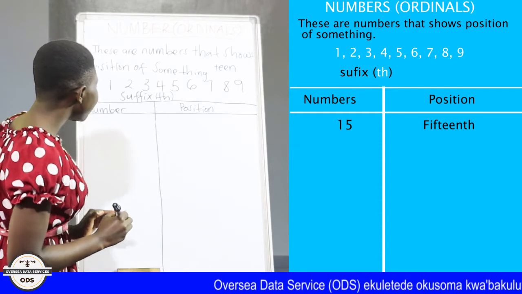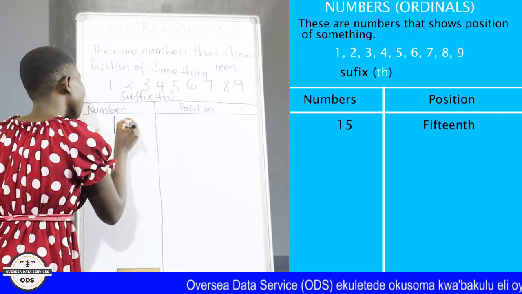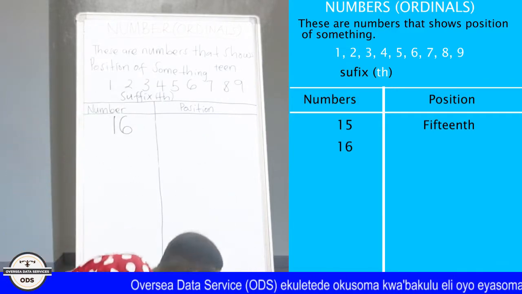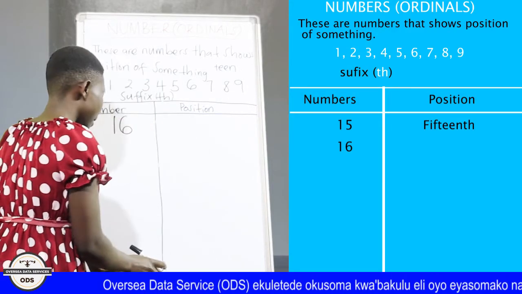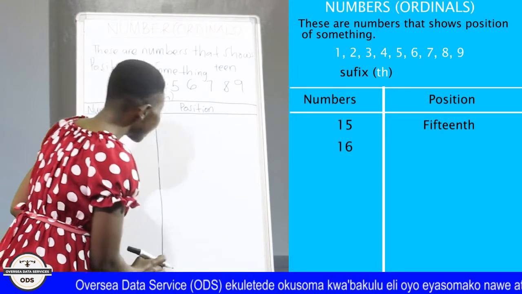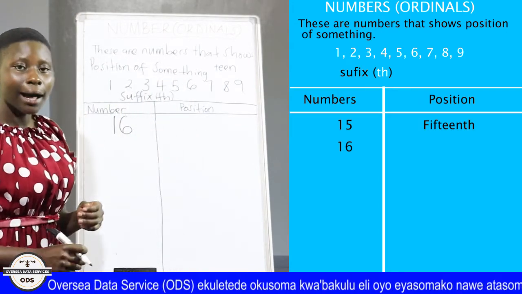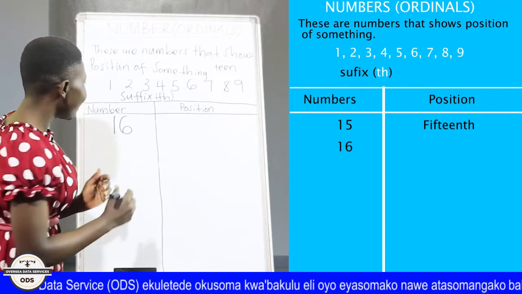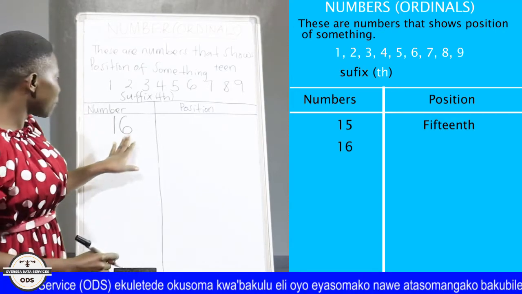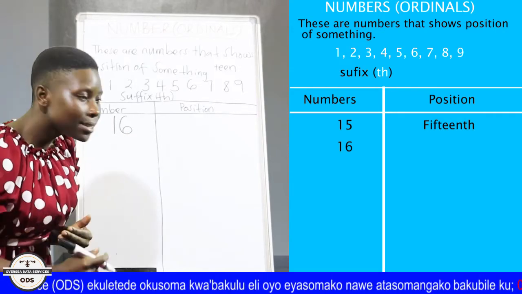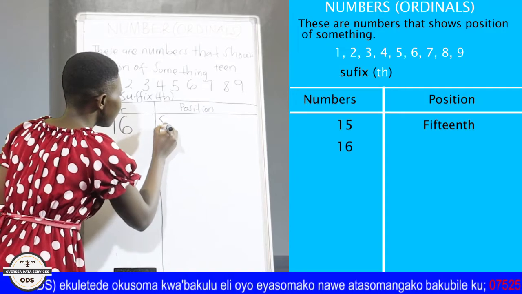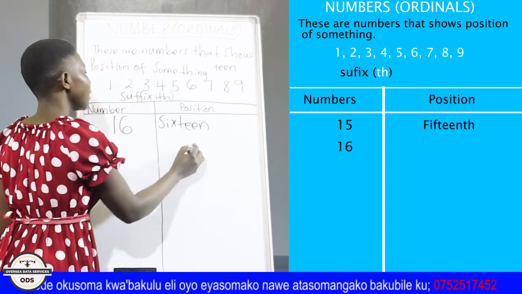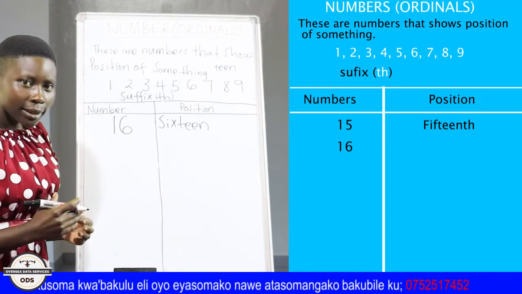We ended on 15. Now after 15 you go to 16. Number 16, we say 16 in English. And how do we write 16? It is six, and the common word teen, that is sixteen.